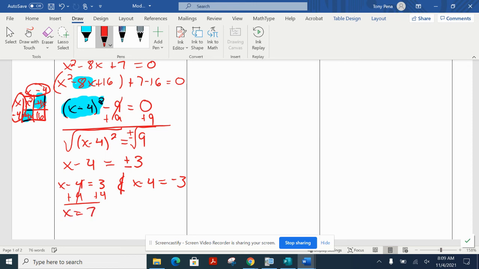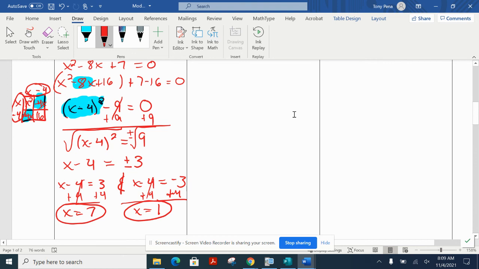Is that what we got doing the factoring? Yeah, same exact thing, same exact answer. We're just using a different way of solving these equations. Then you're going to add your 4 in the second equation. When these cancel on the right-hand side, not coincidentally, we get a 1. So once again, we get the values of 7 and 1 as our solutions.